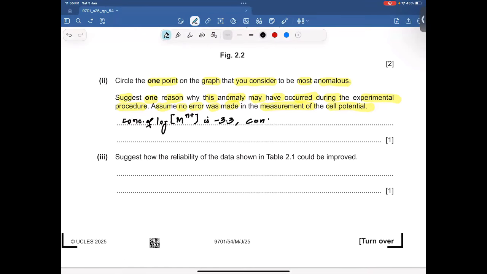This indicates that the concentration of the solution was lower than the recorded value of 5.00 into 10 to the power minus 4 mole per dm cube.